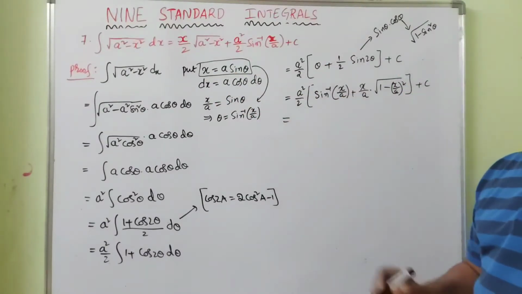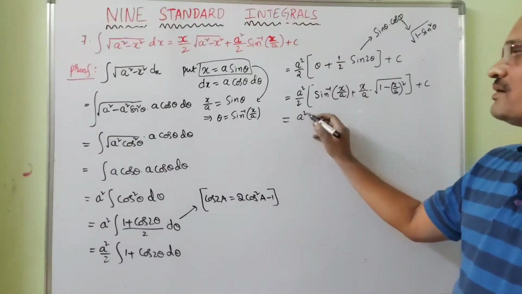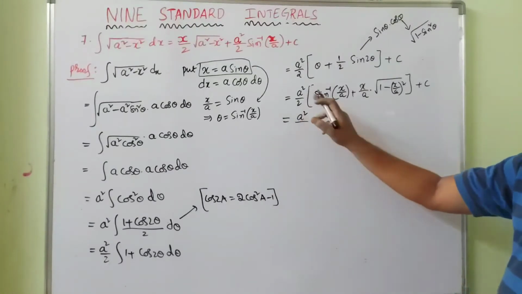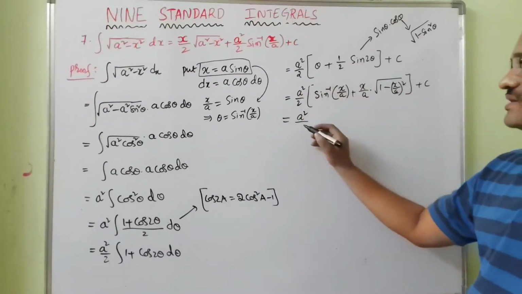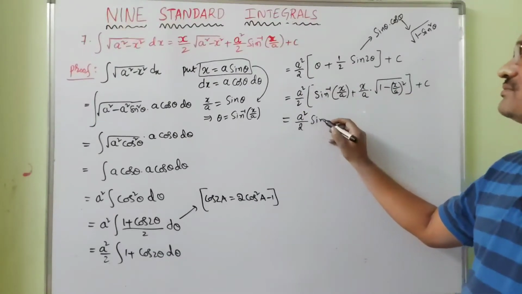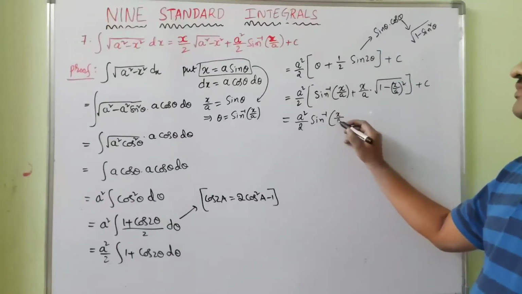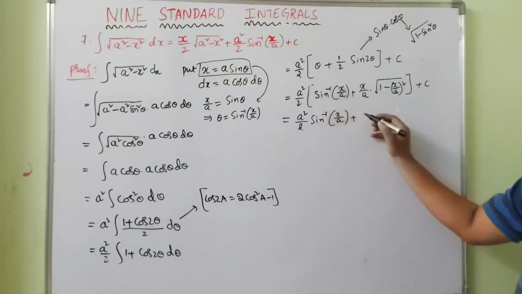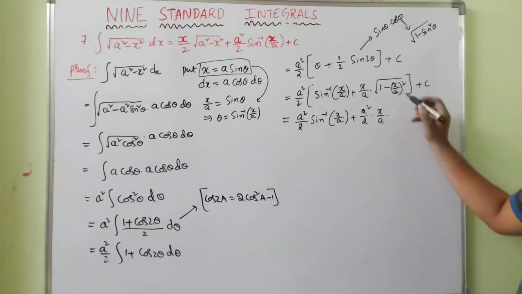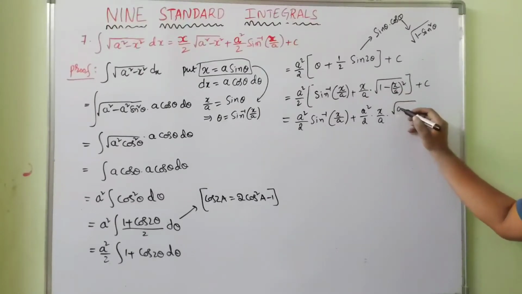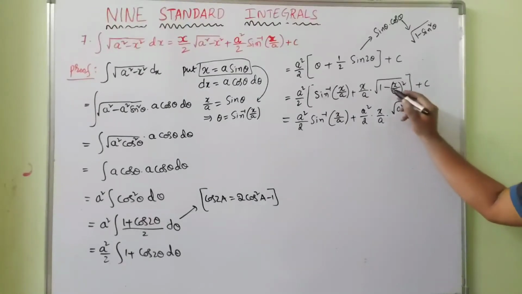Now where are the ending? This a square by 2 comes for both terms. Multiply a square by 2 with both terms. a square by 2 into sin inverse of x by a plus a square by 2 into x by a into, now x square by a square. Take LCM, you will get a square minus x square by a square.